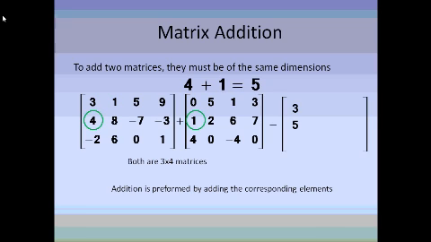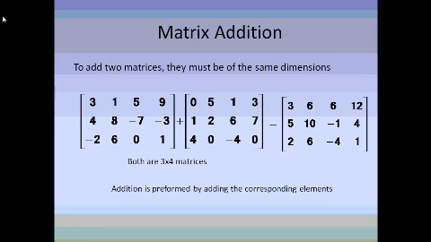We then repeat this process to find all the elements of the matrix. This means that if matrix A plus matrix B equals matrix C, then element A subscript i, j, meaning the element in row i, column j of matrix A, plus B subscript ij equals C subscript ij.